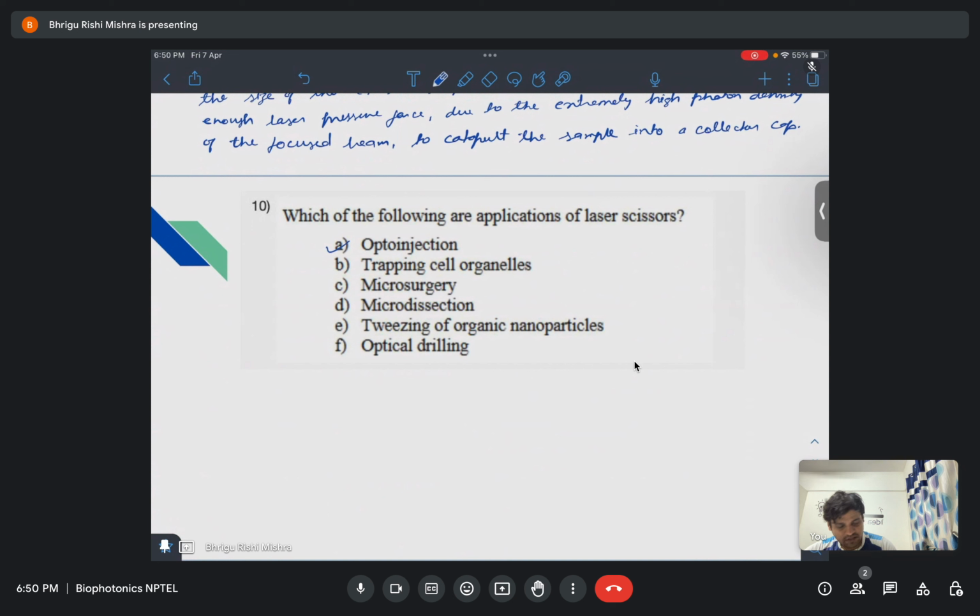C, microsurgery. Yes, of course, because it again requires some kind of drilling. Microdissection, which we just discussed, this is also true. Tweezing of organic nanoparticles, again this is the application of laser tweezer. And the F, optical drilling, this is also application of laser scissor, because you drill in the tissue by laser scissor.